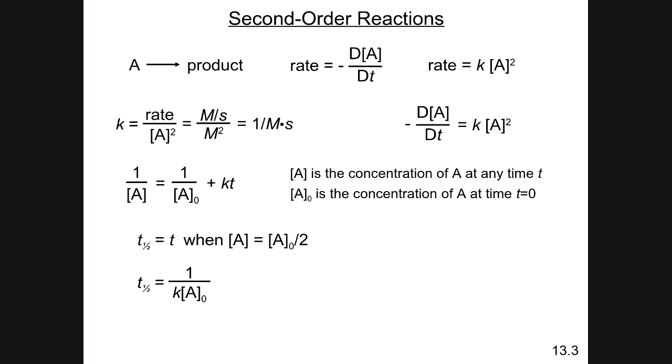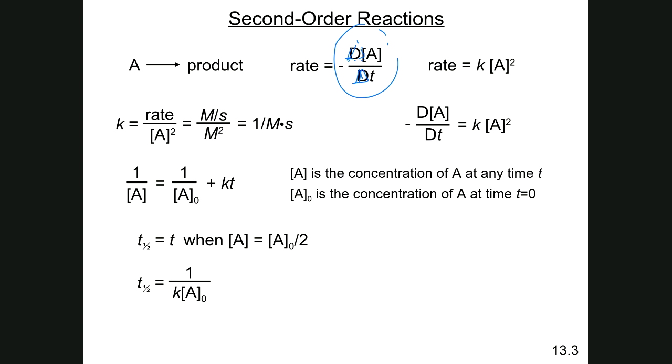So what is happening in a second order reaction? A gives product, so A is one reactant. Let's assume that we have a reaction with only one reactant. The change in concentration of A over the change in time is the rate. The negative sign means that this expression is based on the reactant.